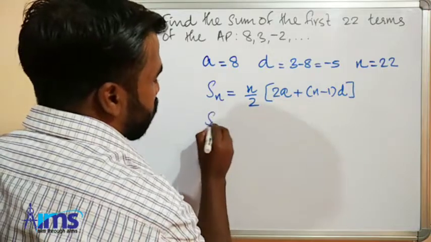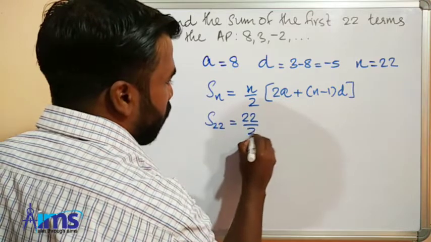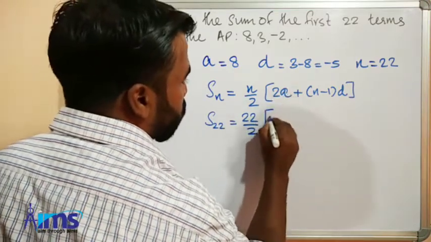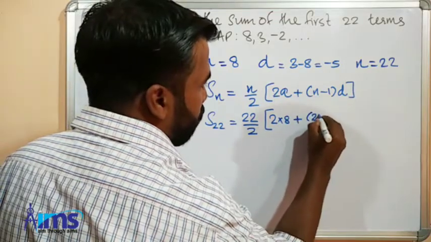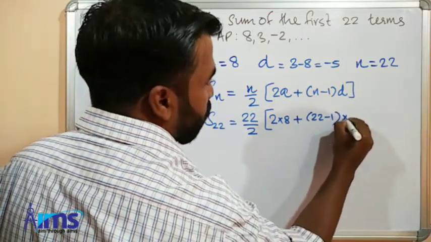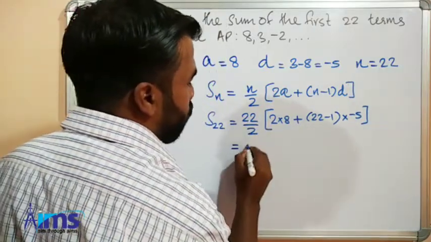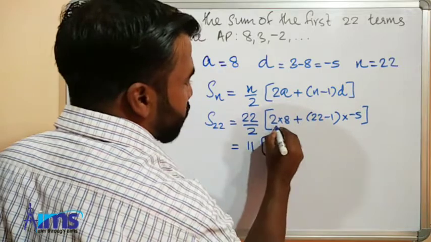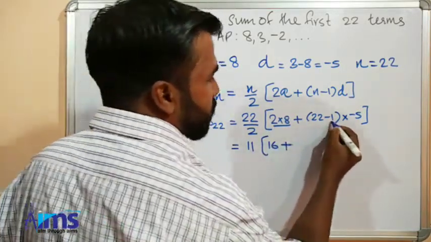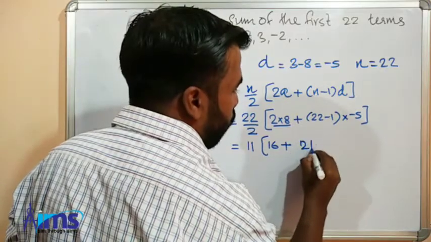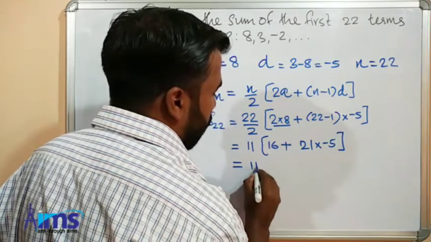That is S22 is equal to 22/2 into (2 into 8 plus (22 minus 1) into (minus 5)), which is equal to 11 into (16 plus 21 into minus 5).